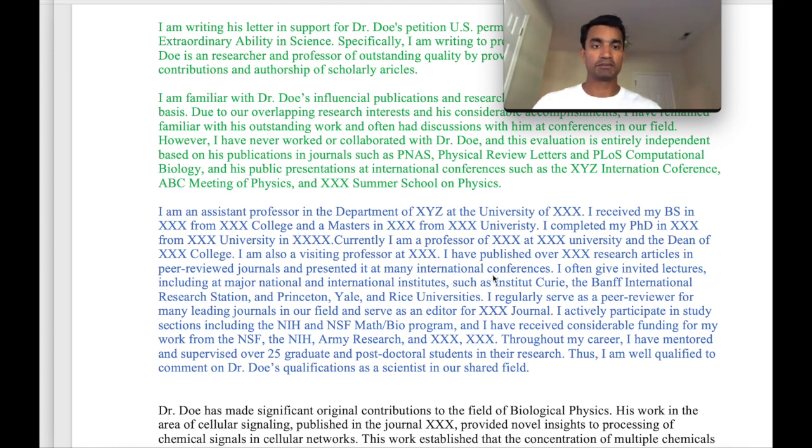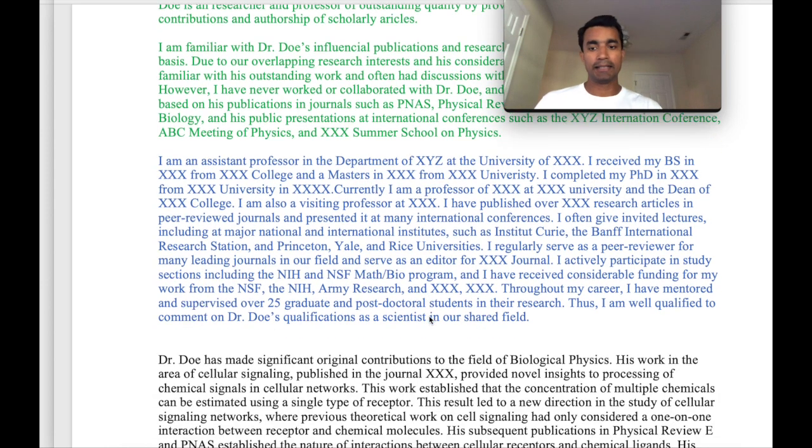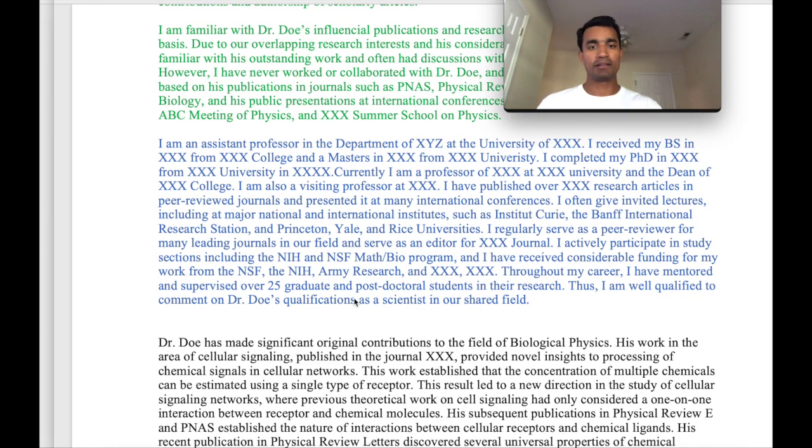How many papers they have published, how many times they have been cited, what kind of research grants they have had, how much, if they have received some major award like an NSF award or Nobel Prize or something like that. And throughout their career, how long is their career, and how many graduate students or postdoctoral students they have advised themselves, so they can establish that they are in a position where they can evaluate some other researcher.